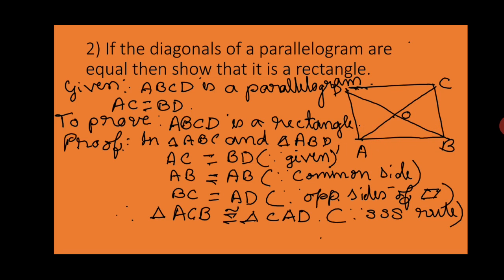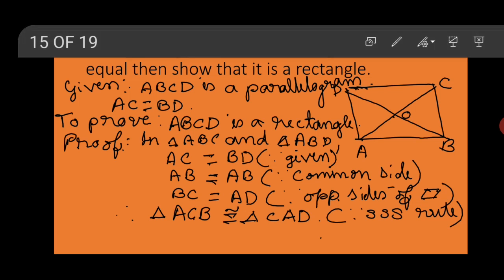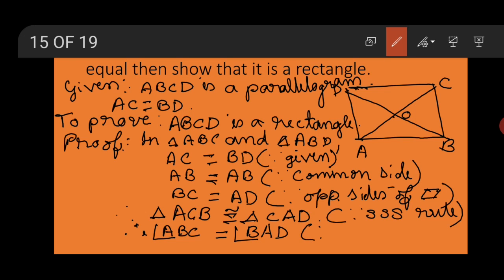Yes, correct. So, therefore, write down, therefore, angle ABC is equal to angle BAD. Reason? Corresponding parts of congruent triangles are equal.